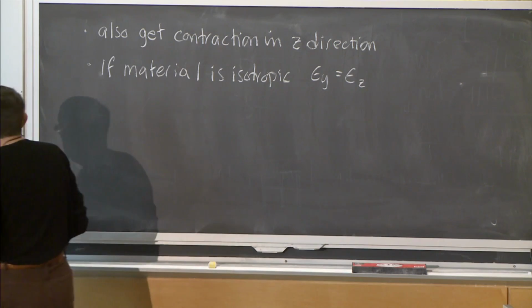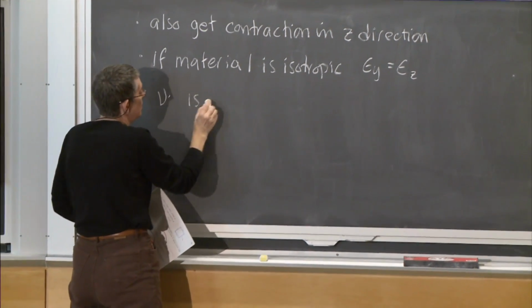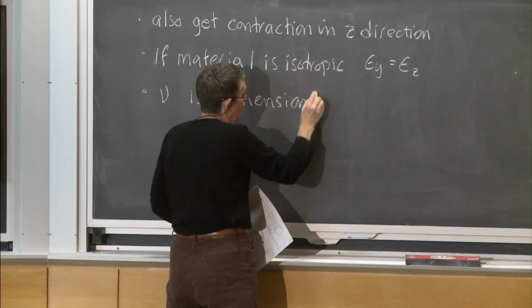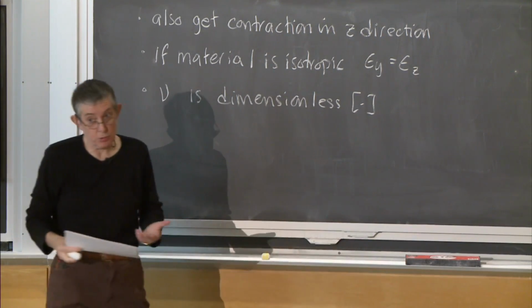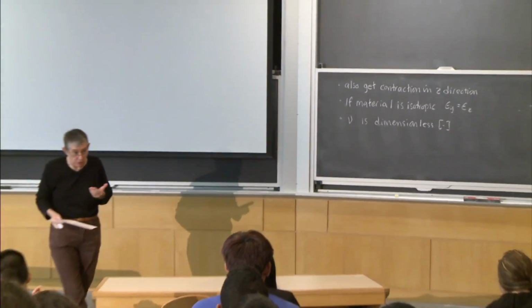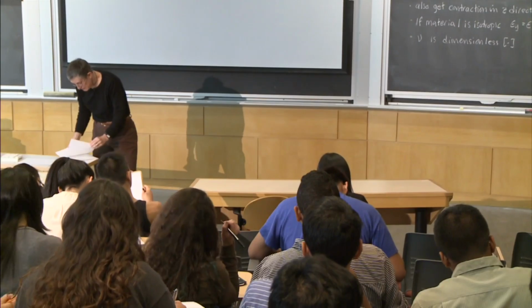Okay, and then I should also say that the Poisson's ratio, nu, is dimensionless. Strain has no dimensions. It's the ratio of one strain over another, so that's not going to have any dimensions either. So the Poisson's ratio is dimensionless.